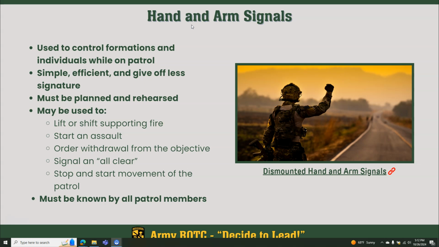If somebody is whispering your name or even yelling your name to get your attention because you're not paying attention to them, then you're missing key information and you're slowing everybody down. So keep your head on a swivel, watch the person in front of you, and always remember if you get past a hand and arm signal or if you see it, make sure you pass it back to the people behind you as well.